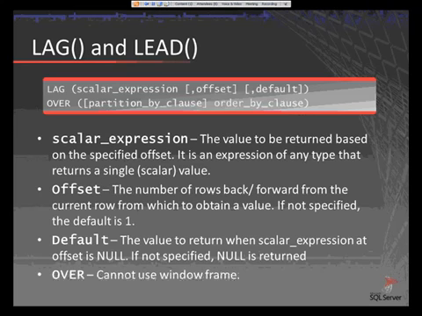Scalar expression, again, something that gives one value. That's a lot of flexibility. Offset, that's how many ago or in the future ahead. And then a default. And that's really important because if you specify like 4 rows ago, this is the first row, there ain't 4 rows ago.